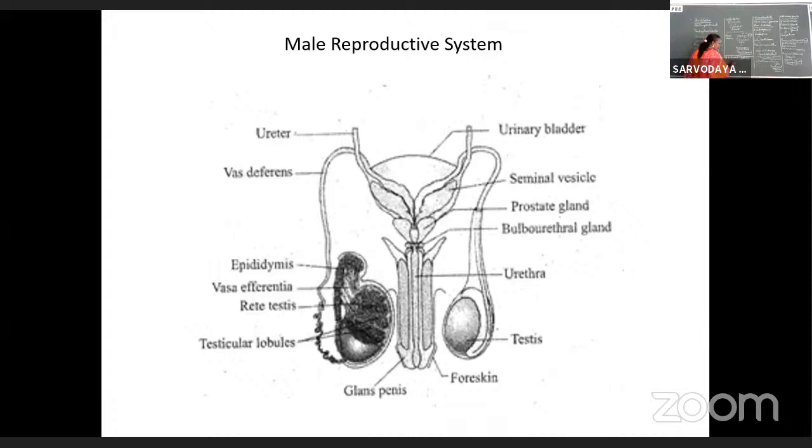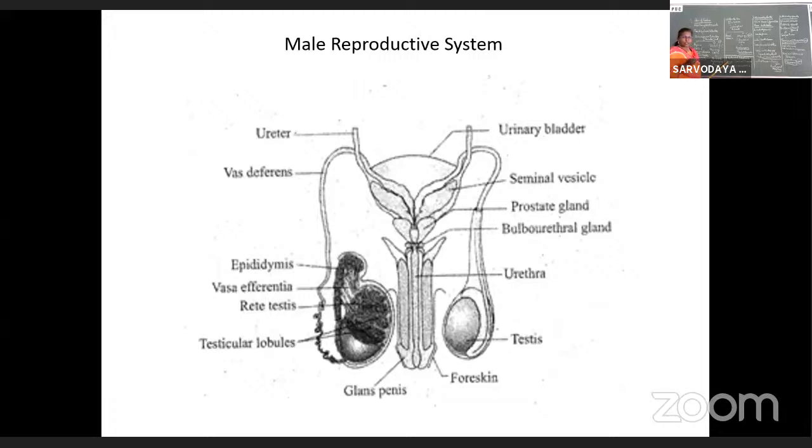Now, the penis is made up of special tissue, and the tip of the penis is enlarged. What is it called? It is named as glans penis.